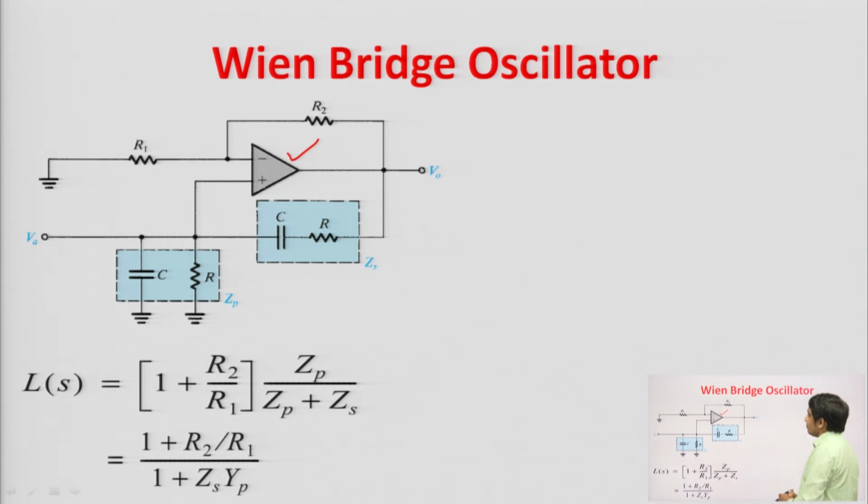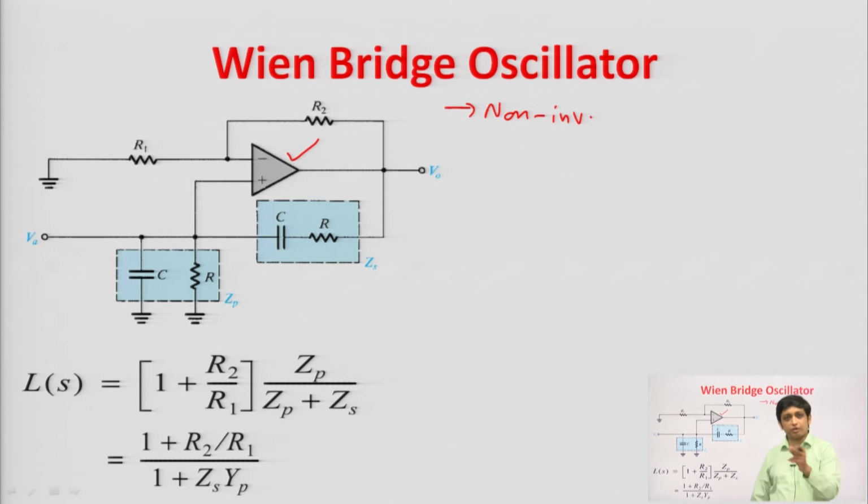So, in the Wien Bridge oscillator, the first point is that we have used the non-inverting configuration of the op amp. Non-inverting means this amplifier is not giving any phase shift. It means that we need to ensure that the feedback network should not give any further phase shift.